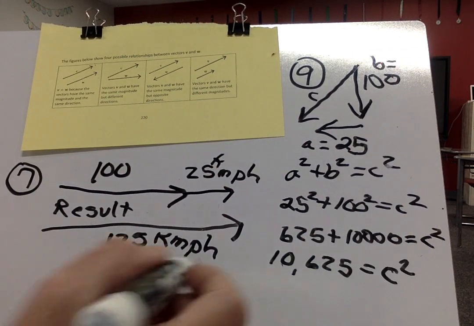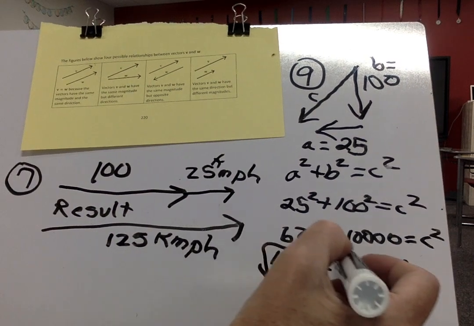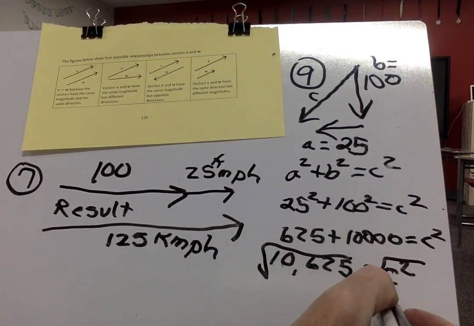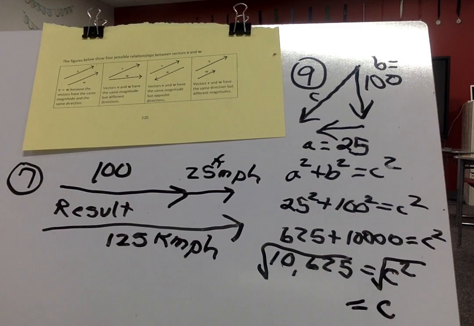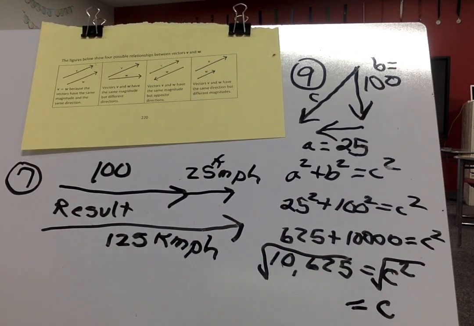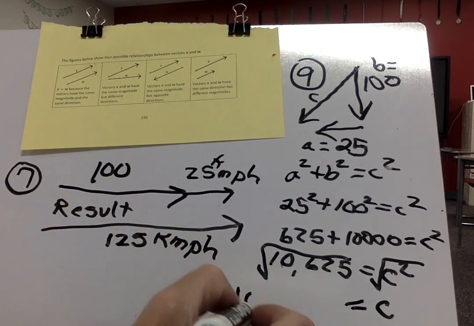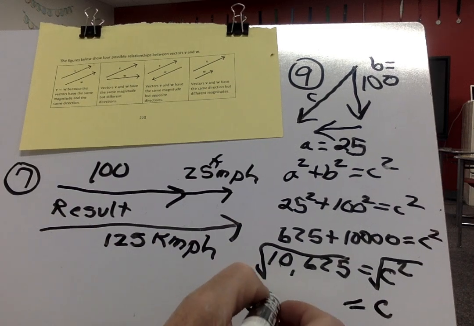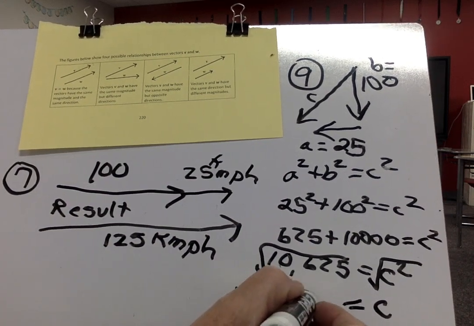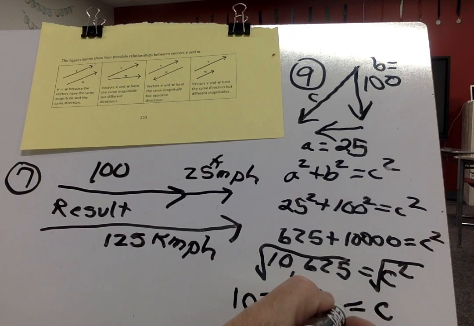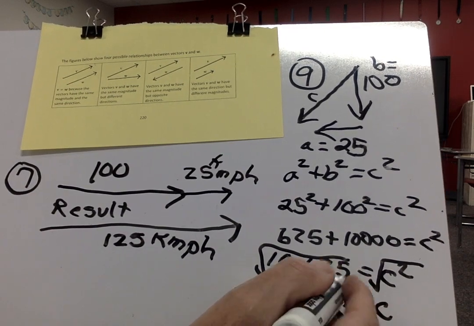Then we take the square root of that, and we say the resultant speed is 103.08 kilometers per hour.